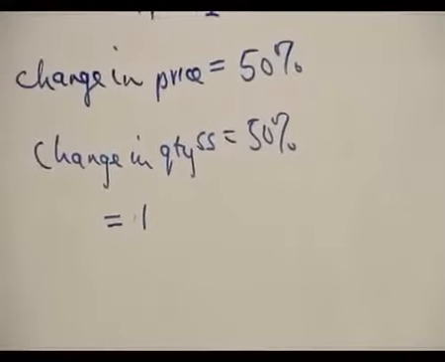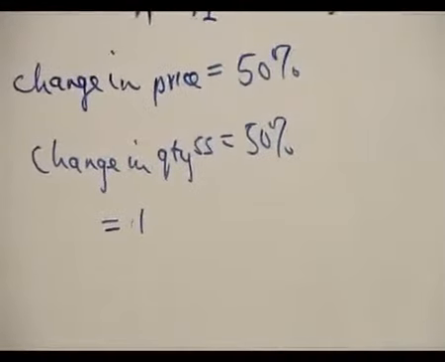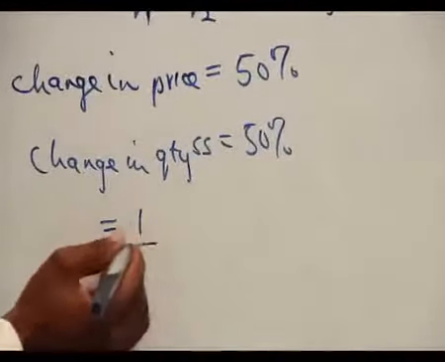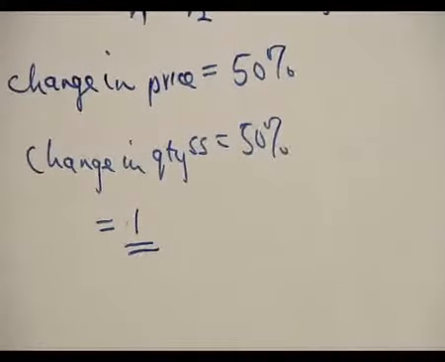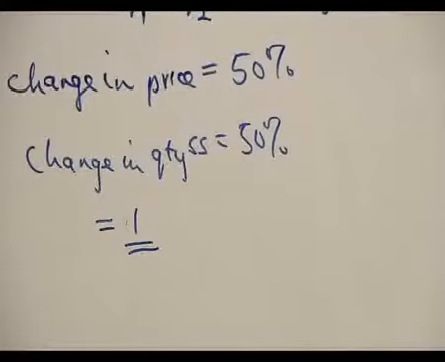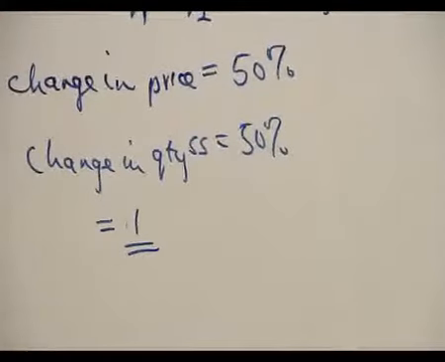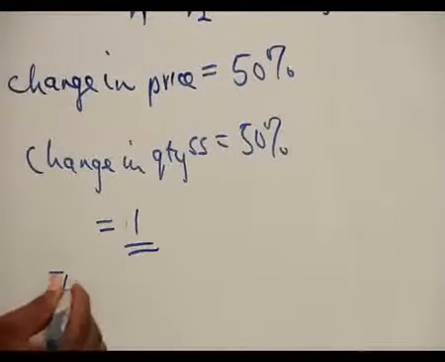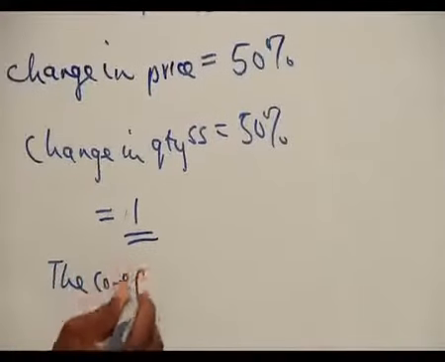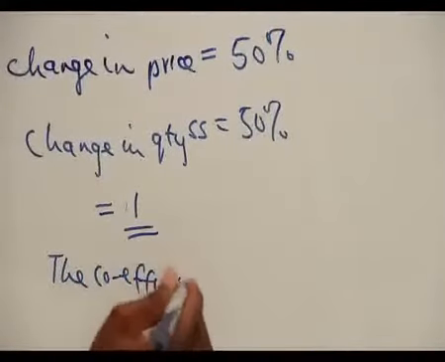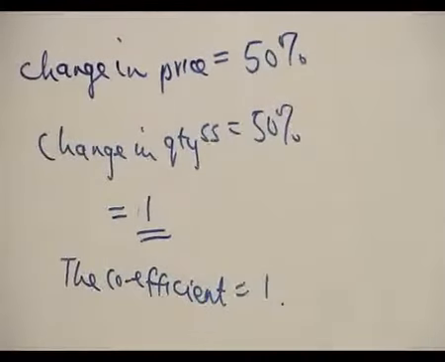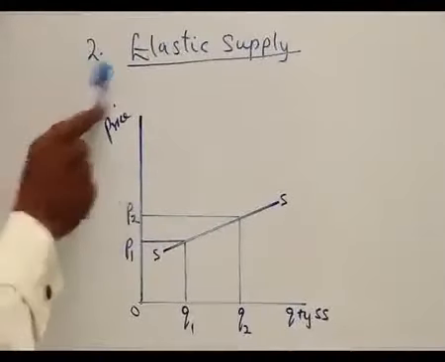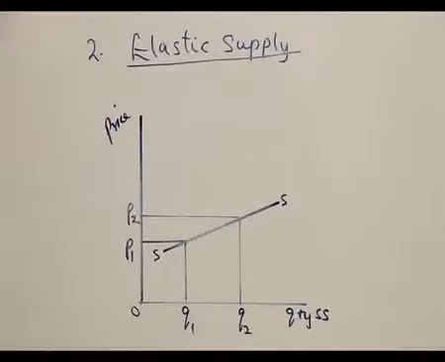Whenever we work out the price elasticity of supply and the answer is equal to 1, we have the elasticity to be unitary. That is, the coefficient is always 1.